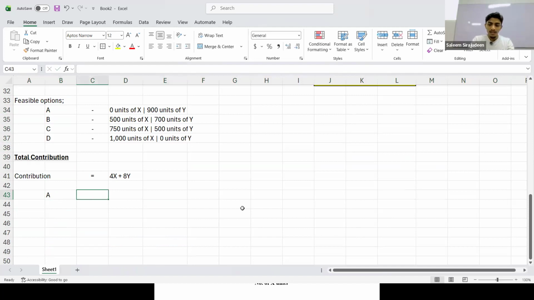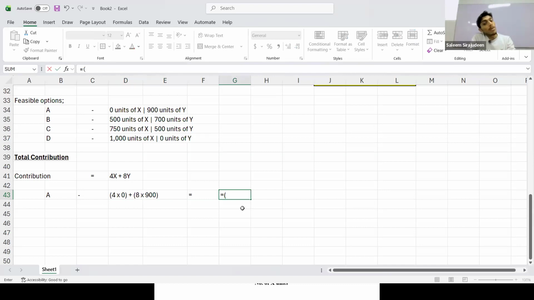So point A, it will be what? 4 into 0 plus 8 into 900. How much? It is 7,200.